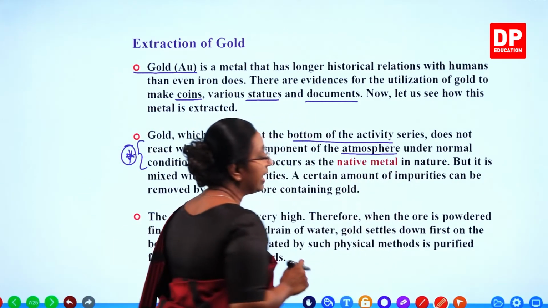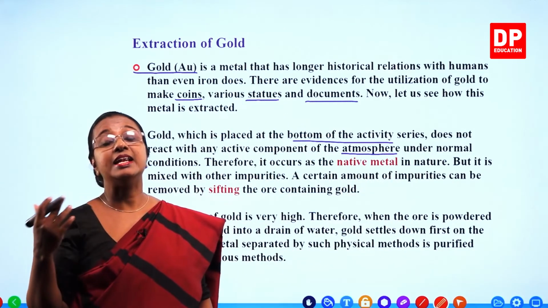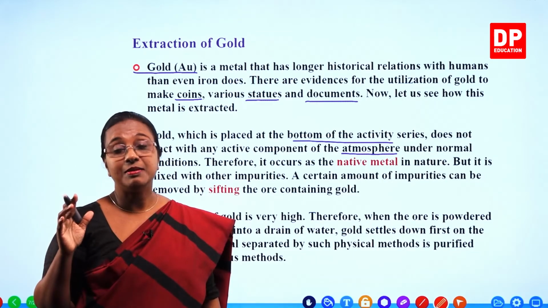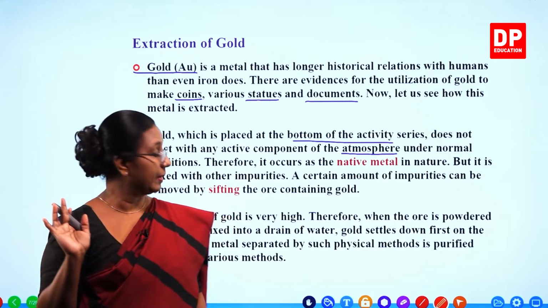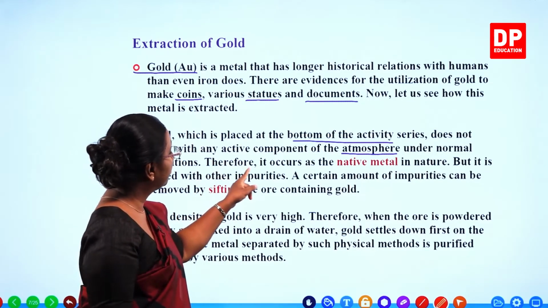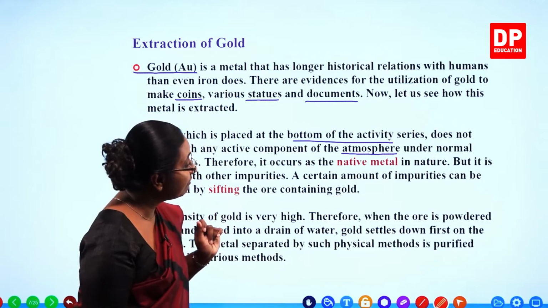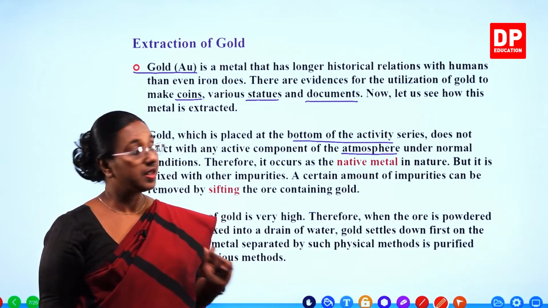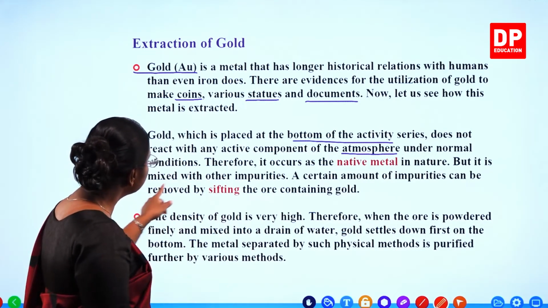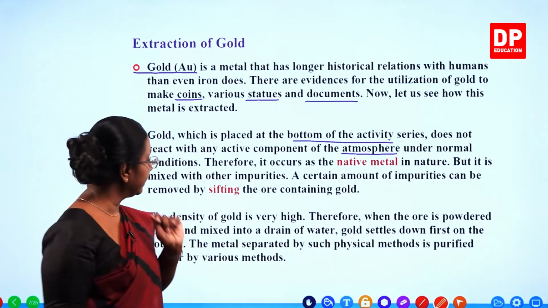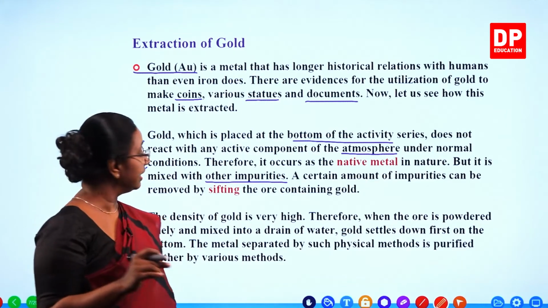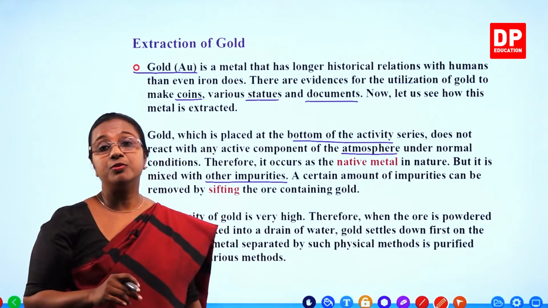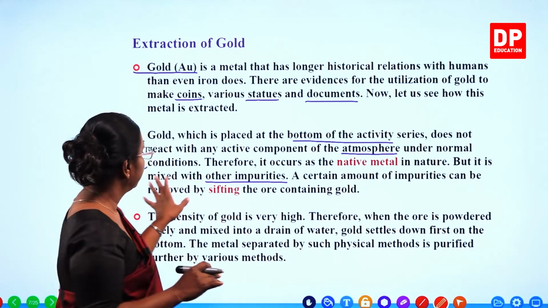Because of that, they do not tarnish and they remain shiny, they remain as the metal. No change to the properties. Therefore, it occurs as the native metal in nature. But it is mixed with other impurities. That is important. So although it exists as the native metal, there are some impurities present with this metal.